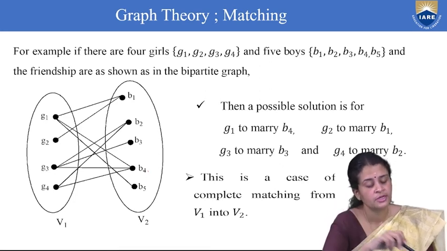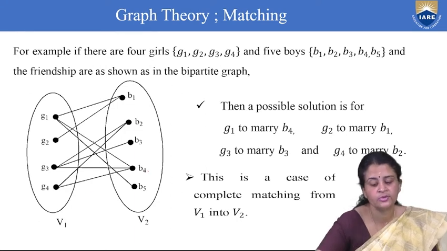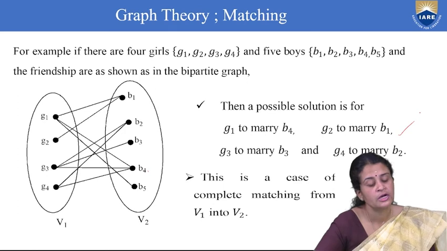Now G2 can marry only B1. Others have many options. So G2 can marry B1, and then G1 can marry B4. G3 can marry B3 and G4 can marry B2. This is a complete case of matching from V1 to V2.